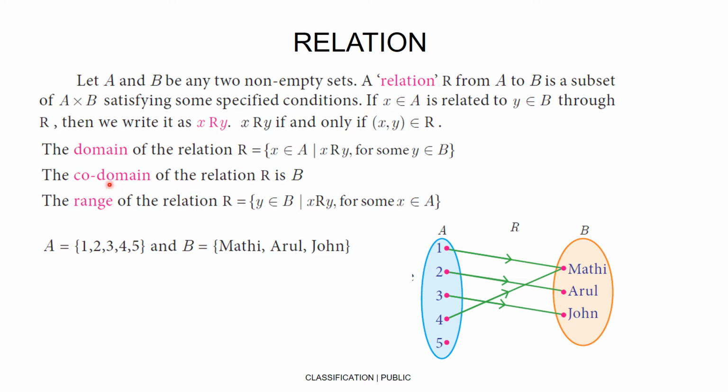The codomain of the relation R is B, so Mati, Arul and John. What is the range? Range of the relation is Y belongs to B such that X is related to Y. So Mati, Arul, John, that is the range. Clear students?